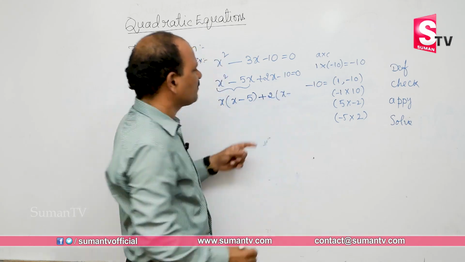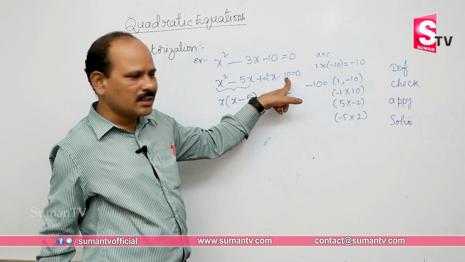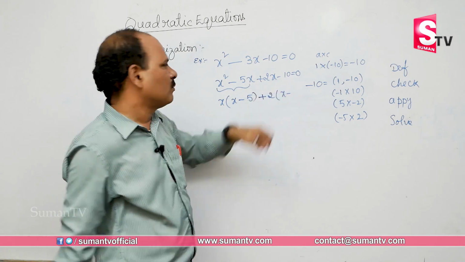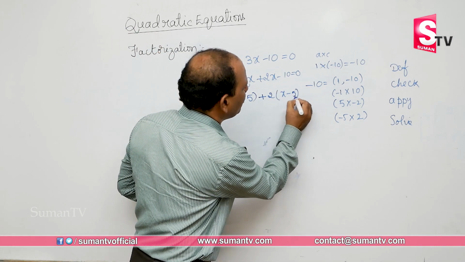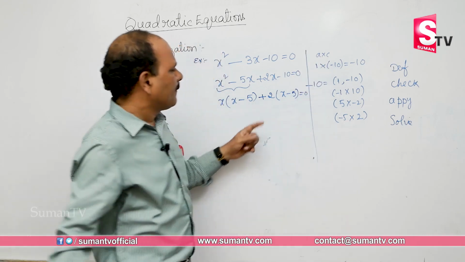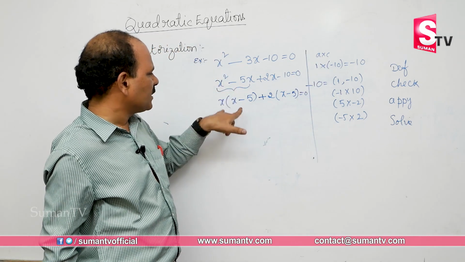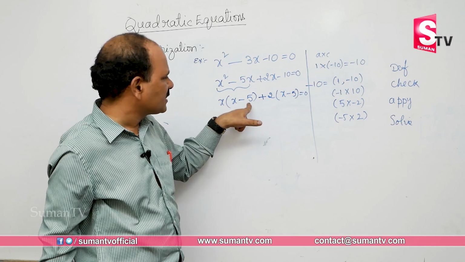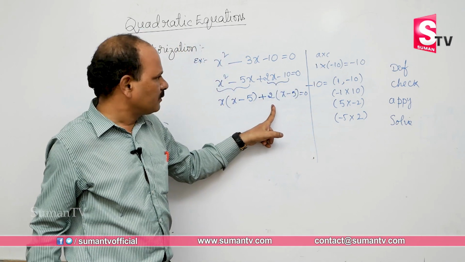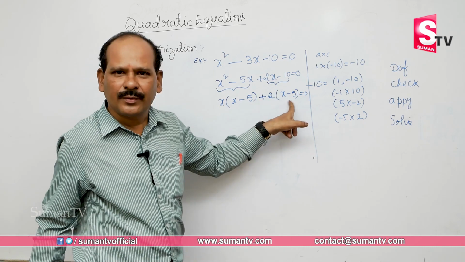From this 10 also 2 went common, so the remaining term is 5. Here, minus 5 is equal to 0. From these two terms I took x as common. The remaining terms are x minus 5. From these two terms I took 2 as the common. So, the remaining terms are x minus 5 is equal to 0.